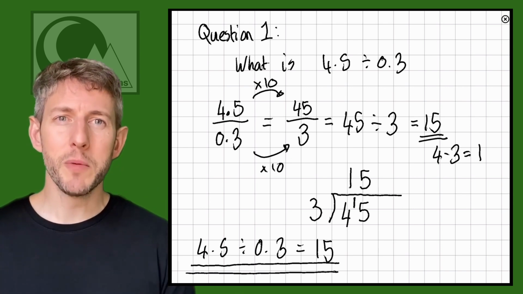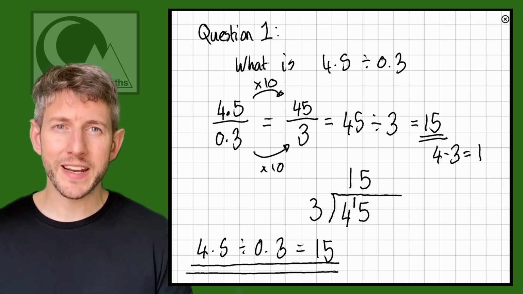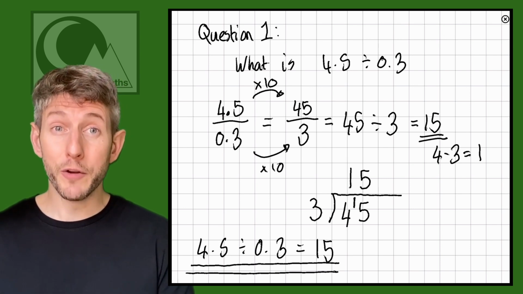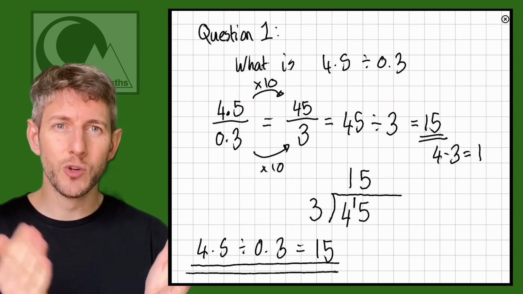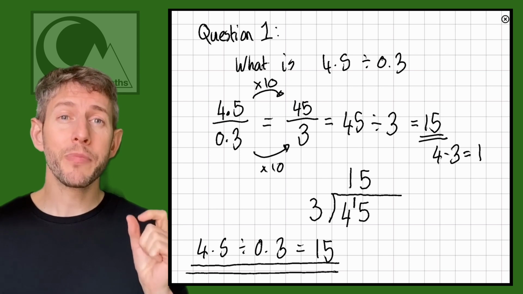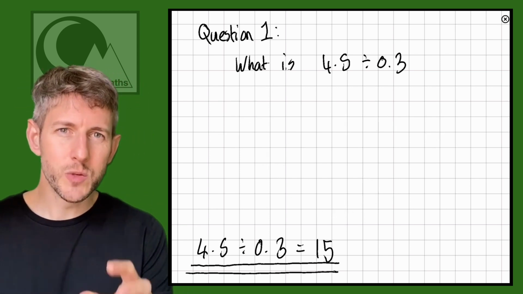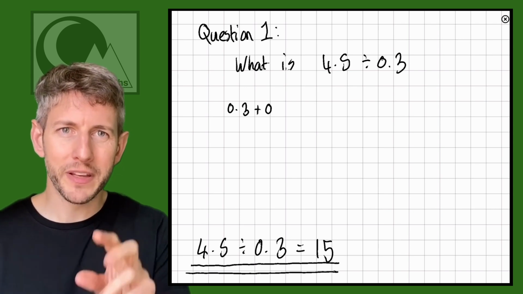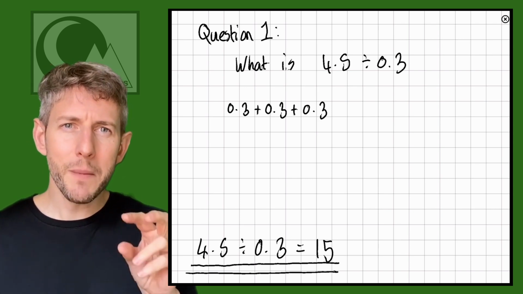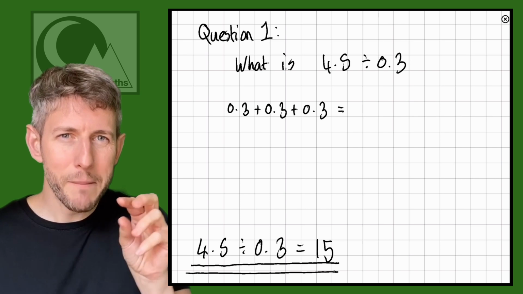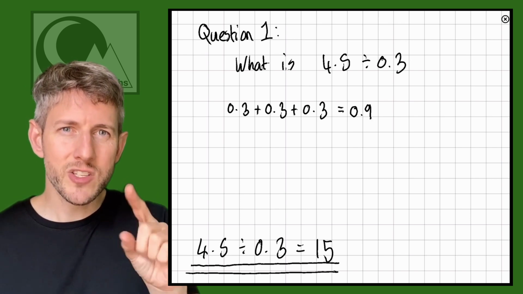Now, I know that some of you might be a bit confused because 15 is a bigger number than both 4.5 and 0.3. This is the funny thing about dividing by decimals, because when we divide, we're working out how many of something can fit into it. So if a number is a decimal, that means you can get multiple of that number into just one.